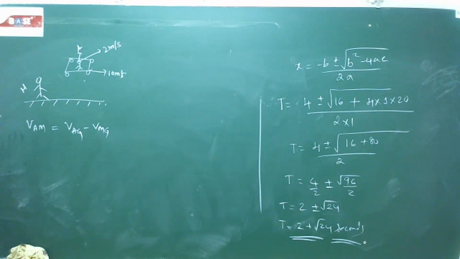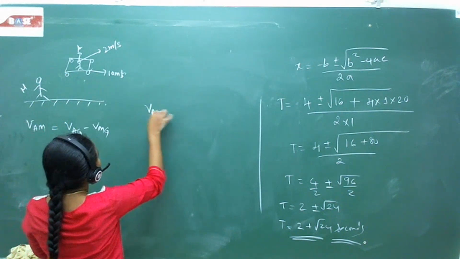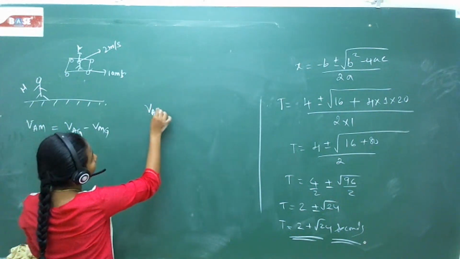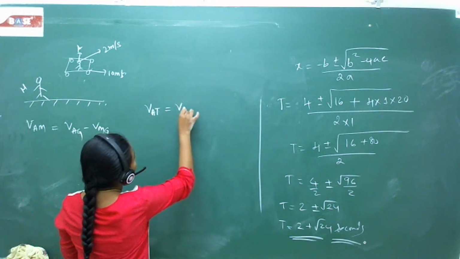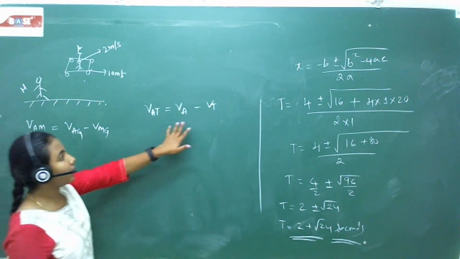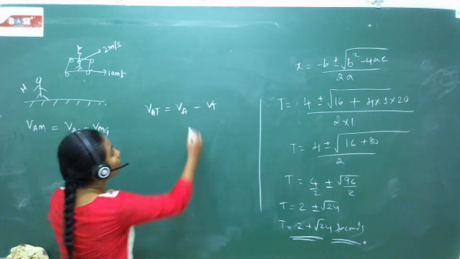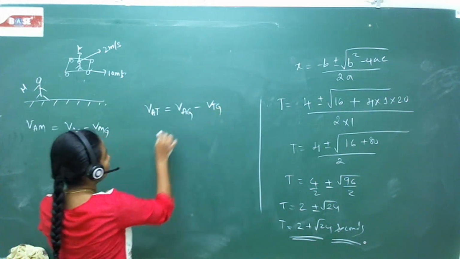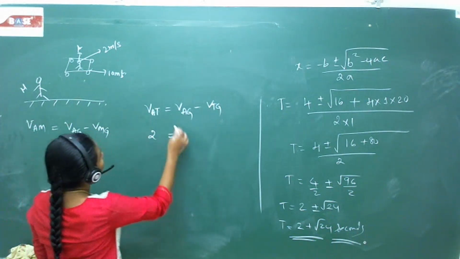M with respect to ground. So VA with respect to ground we don't know. We know VA with respect to the trolley. So we write what we know, velocity of A with respect to trolley, which is VA minus VT. These VA and VT are the velocities with respect to ground. VA with respect to T is 2.